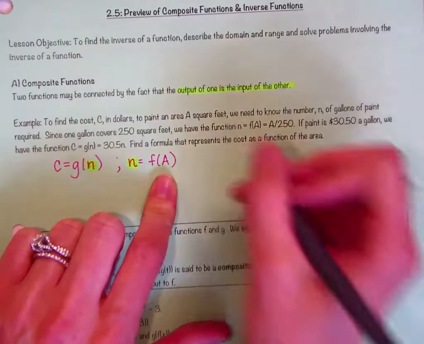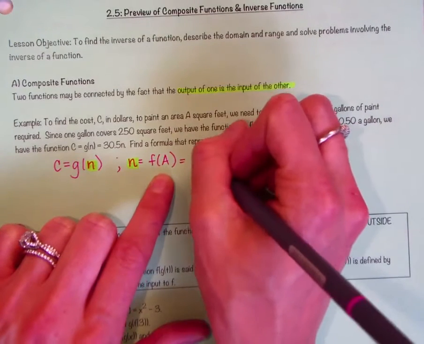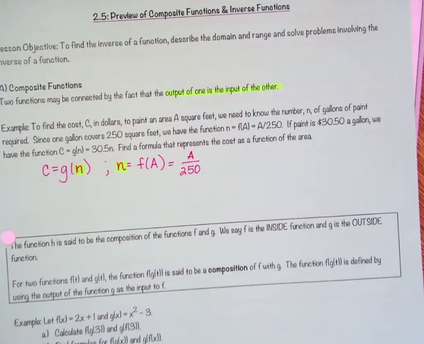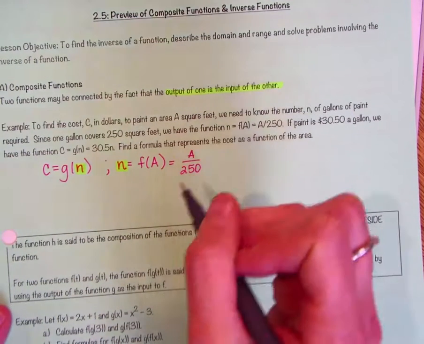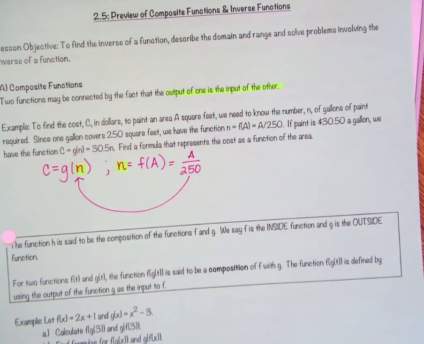So if this function is represented by the equation A over 250, then I can take this and use it as my input here.